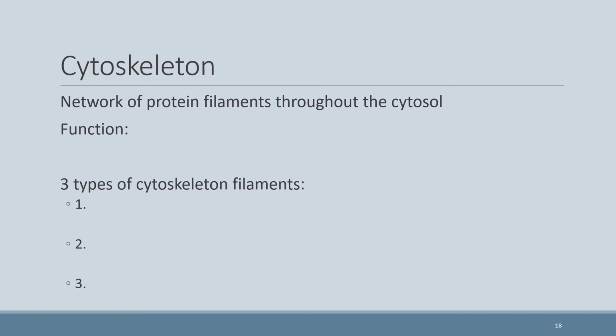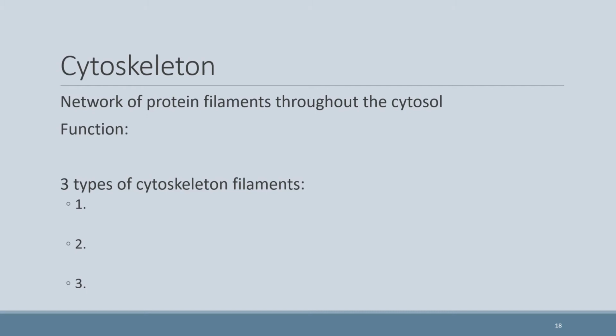We can also have the cells change shapes. So for example, when a muscle contracts, the cell becomes shortened, and this occurs through some of the components of the cytoskeleton, right? So the function again is to maintain and change cell shape and produce cell movements when needed.